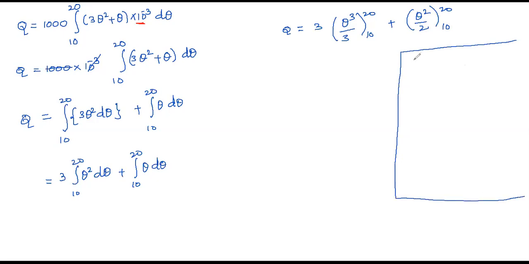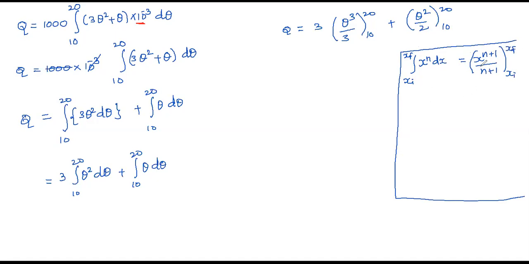Listen here. Suppose you are having integration of x power n dx, from something xi to something xf. Then first of all, this x power n means what? You are getting x power n plus 1 by n plus 1, and then what you have to do, put upper limit subtract lower limit.